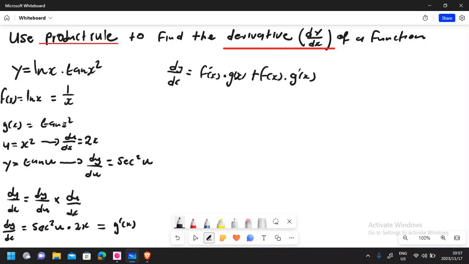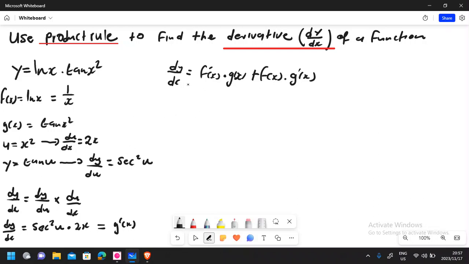And remember, guys, when we do the product rule, we derive the first one, which is f of x, and then we multiply by g of x as it is, and then plus f of x as it is, multiplied by the derivative of g of x. I hope you can understand g prime of x, guys.